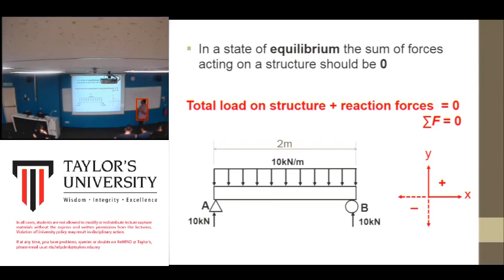For example here, the total load of the structure plus the reaction force equals zero. This is the load going down. This is the load going up to support these loads. So the load here and the reaction below need to be the same in order to be in equilibrium, or zero. You get what I mean? Understand?